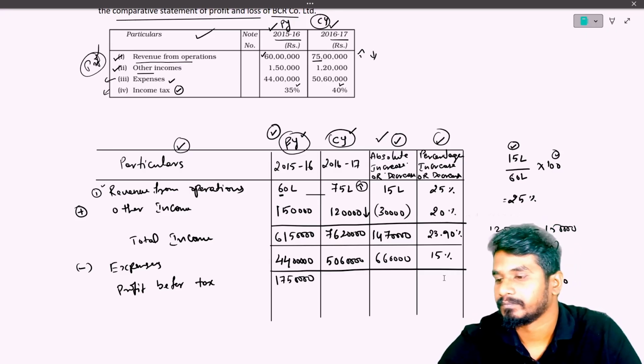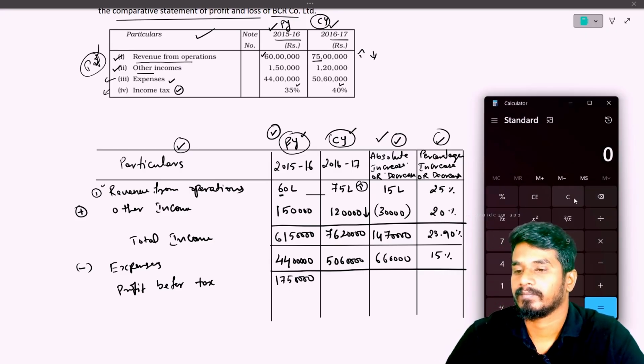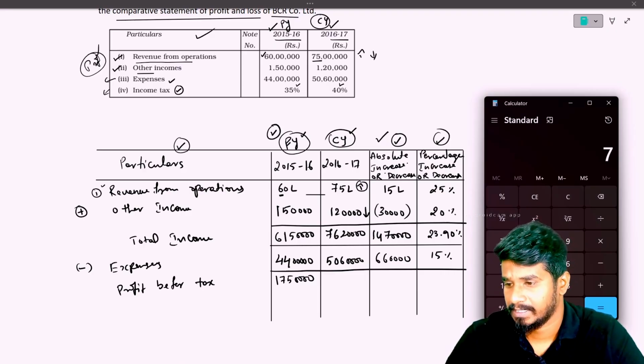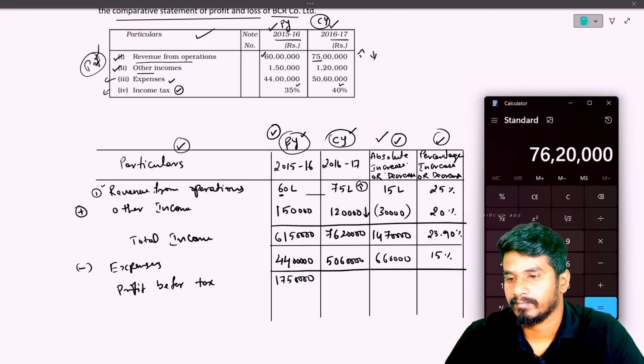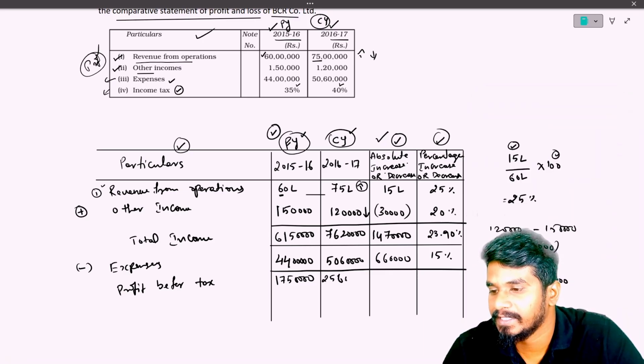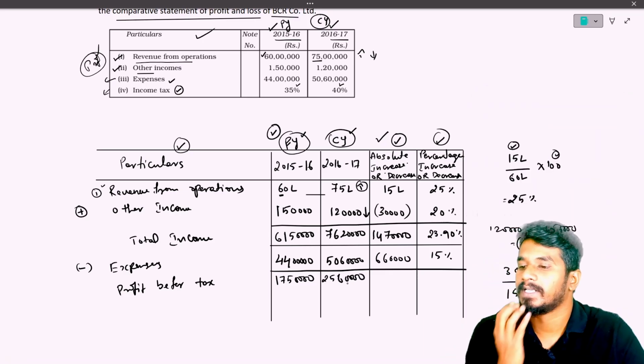Then again, 76 20,000 minus 50 lakh 60,000 equals, what is the amount? 25 lakh 60,000. Is it right?